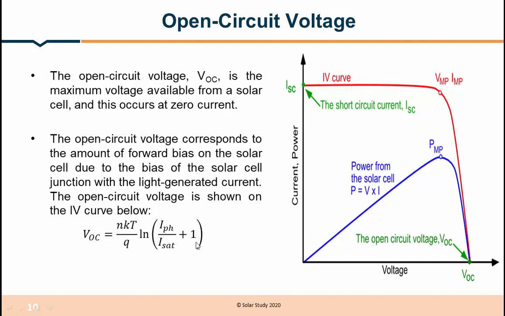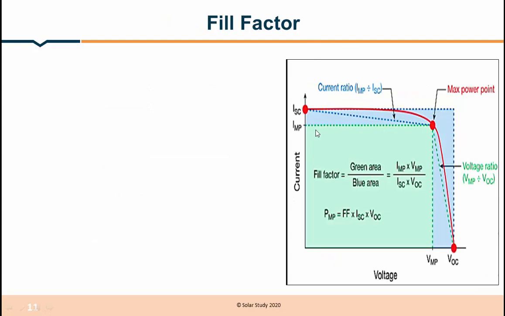It is nothing but rearranging the ideal single diode equation. By modifying that ideal solar equation, I will get the VOC. I just have to replace V with VOC. I will get the open circuit voltage.